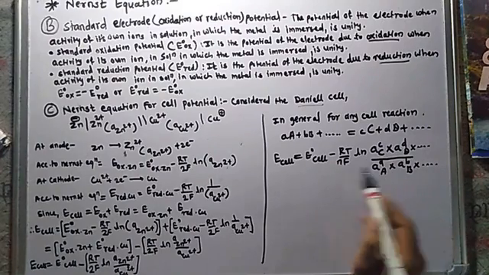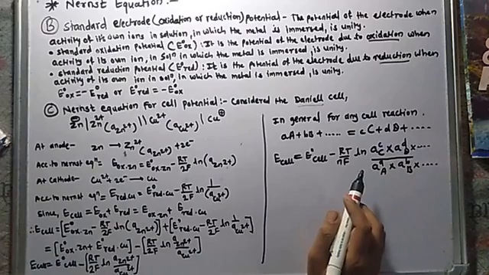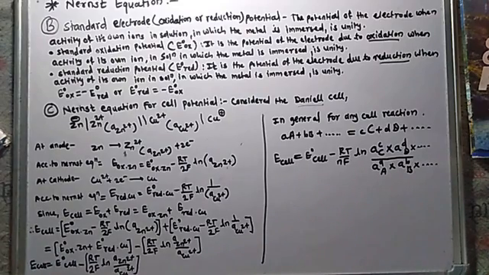This is the Nernst equation for any general cell reaction. Here we see the cell potential and the standard cell potential, according to the Nernst equation. Thank you.